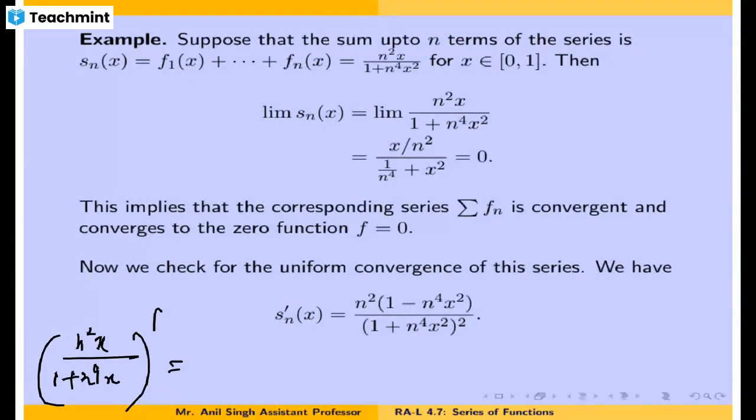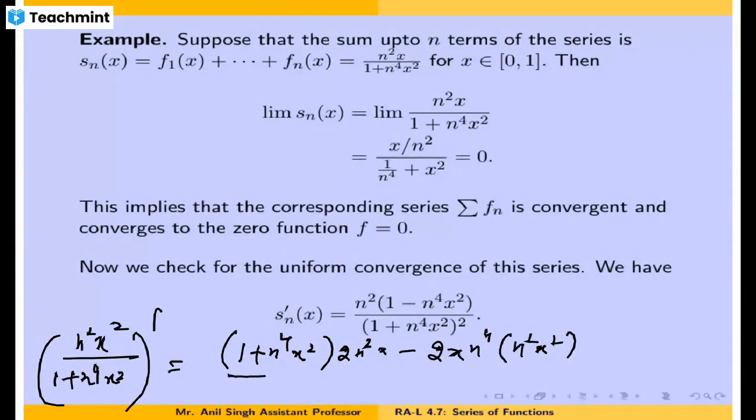It has to be 1 plus n to power 4 x square times the differentiation of the numerator, which is n square, minus the differentiation of the denominator, which is 2 x n to power 4, into the numerator n square x, and in the denominator the whole square of 1 plus n to power 4 x square.